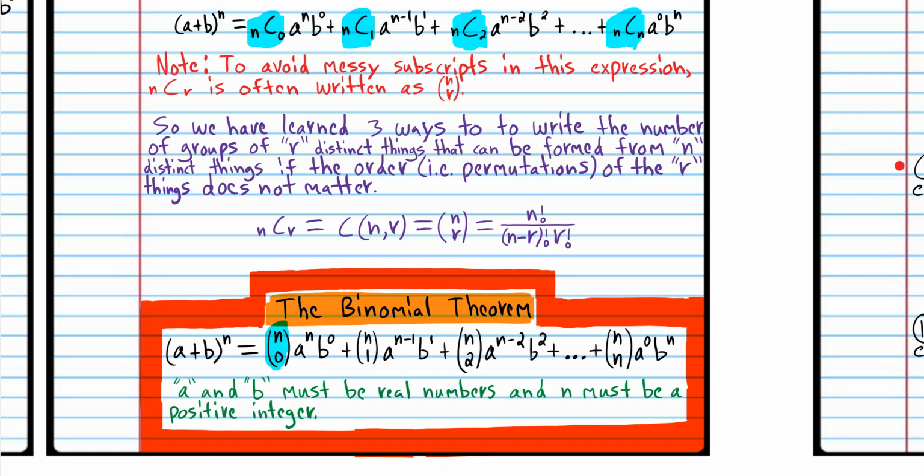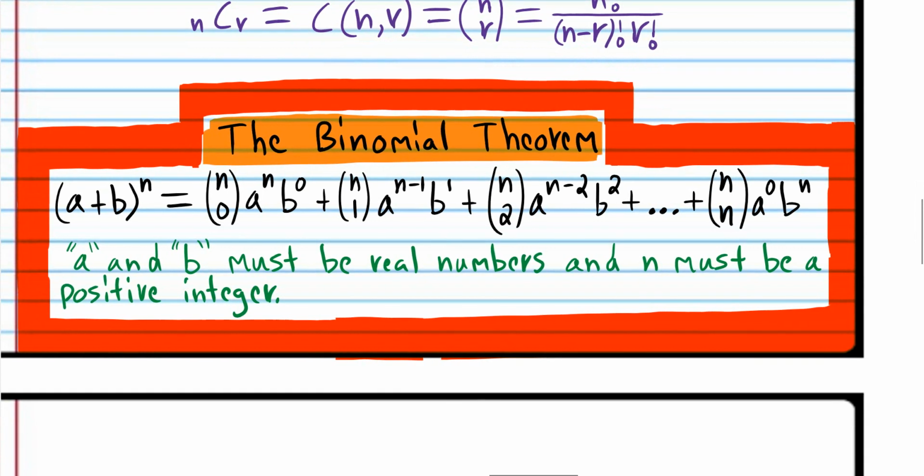So the binomial theorem is written in its typical way here. Again, we start with a to the n, and then we move down. The power moves down 1 and down 1 again, and then b goes up in power until we get to b to the n, and the coefficients are calculated with these expressions here.